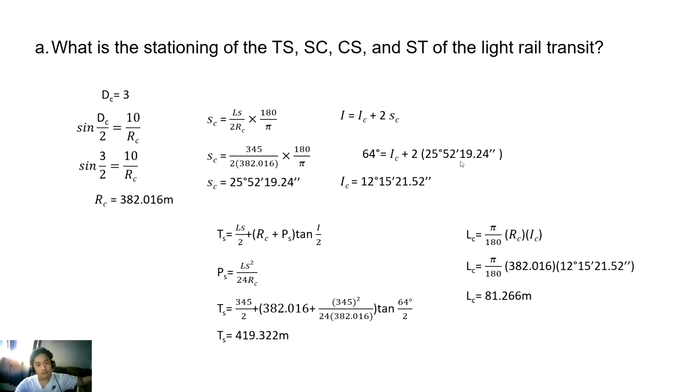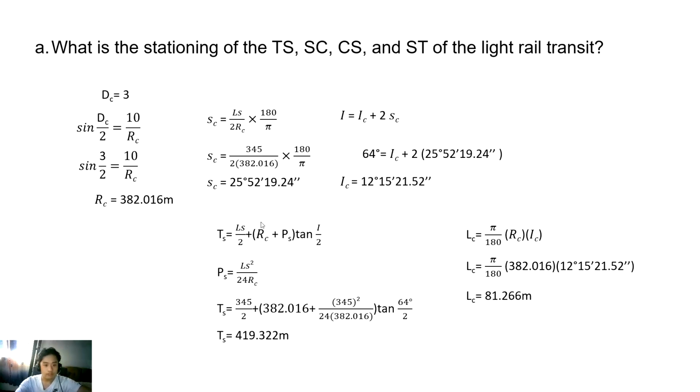We get Ic of 12.256, or when converted to DMS, 12 degrees, 15 minutes, and 21.52 seconds.